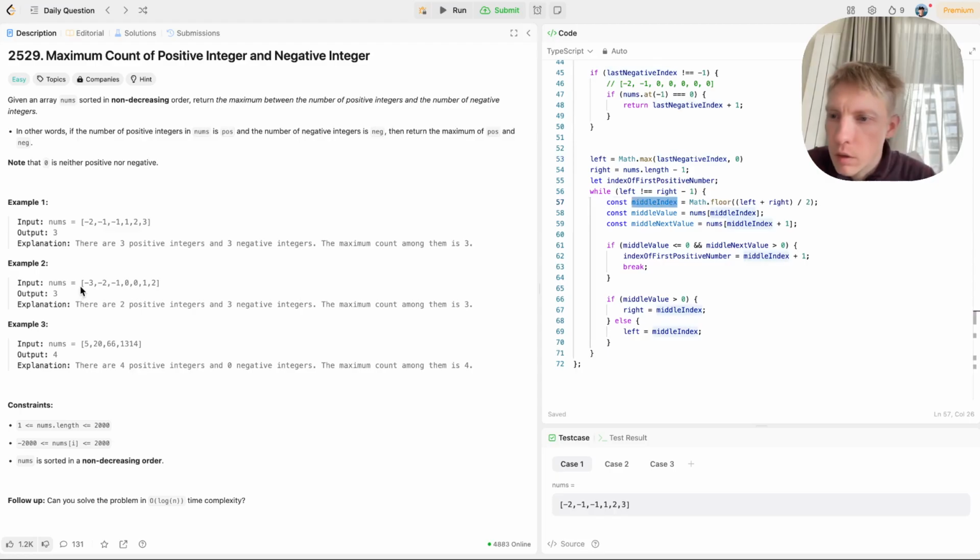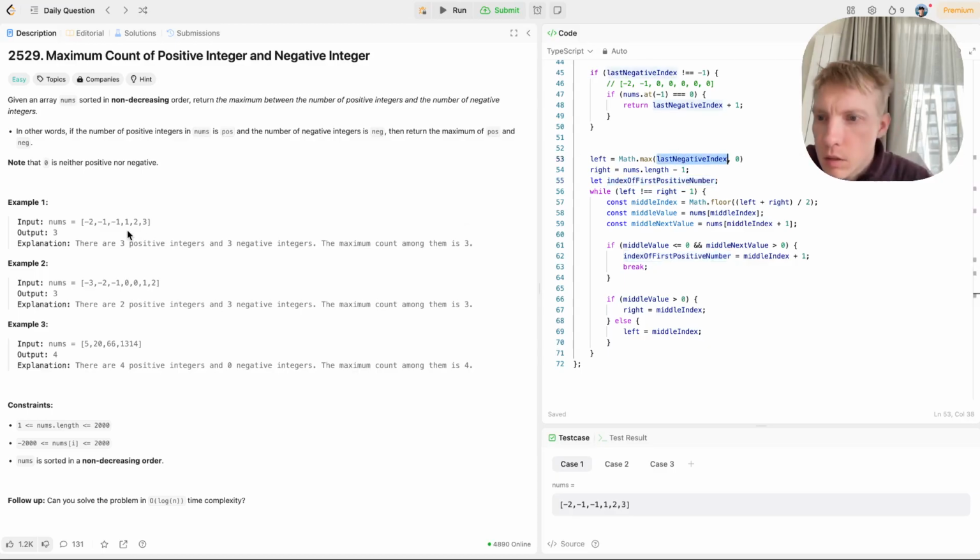Middle index 4. 1, 2, 3, 4. Next value would be 1. Middle value is less or equal to 0 and next value is bigger than 0. And index of first positive number would be middle index plus 1. So 4 plus 1, which would be 5. It would work. Let's try this.